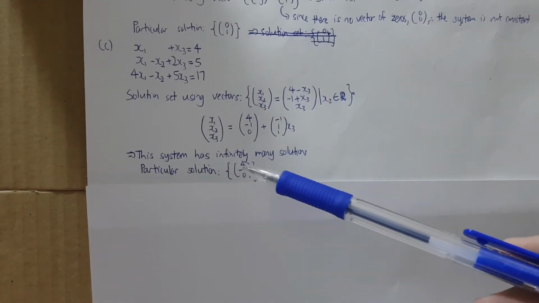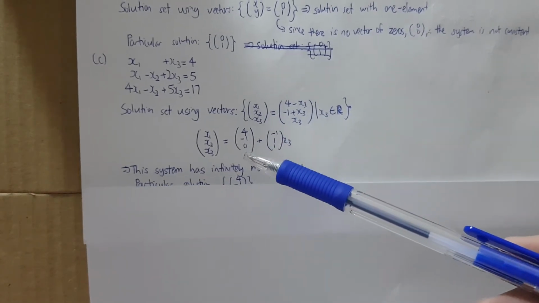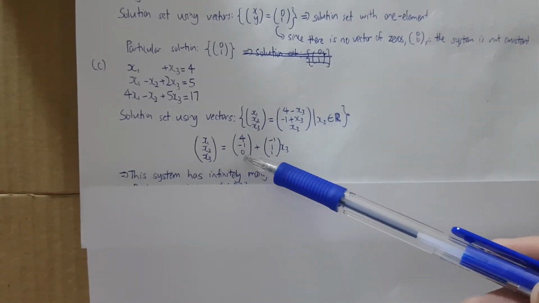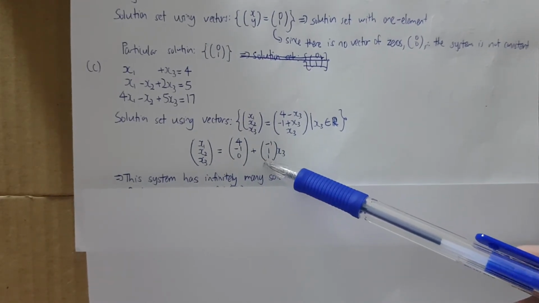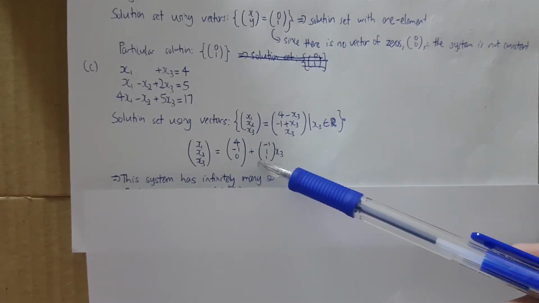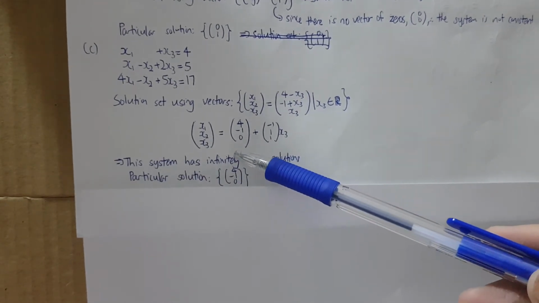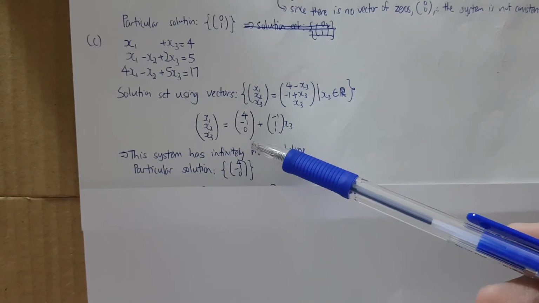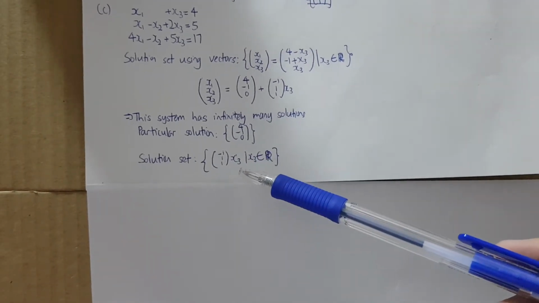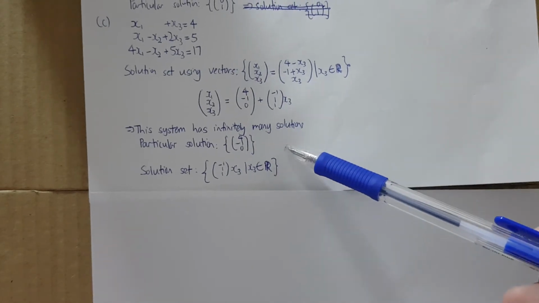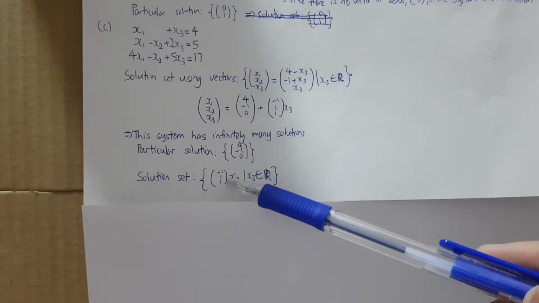Again, we have our general equation, the particular solution and the solution set of the homogeneous system. This is my particular solution, independent of any free variables, and the solution set of the homogeneous system will have the free variable. So this is my solution set over here.